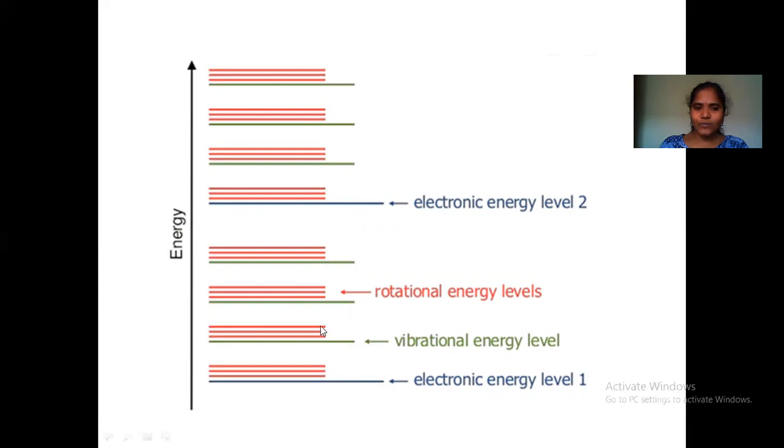The transition will take place only within the rotational level. A molecule requires an amount of energy equal to the gap between any two levels, and only when radiation containing that equal amount of energy is irradiated can it exhibit the transition.